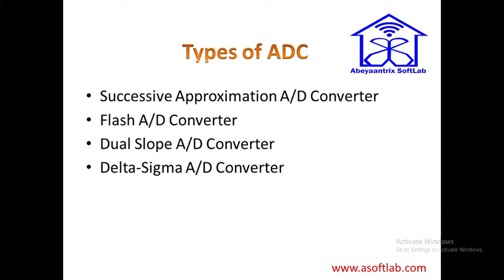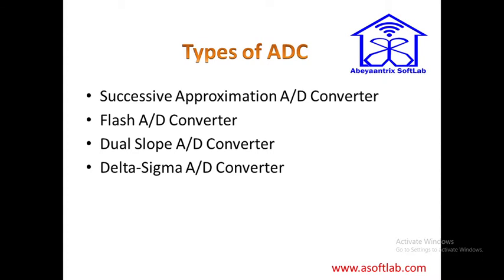Okay. Here, the fast type of ADC. If you say that I want a fast response or a fast conversion process, then we can go for the flash type of ADC. Then you can also choose: I don't need a fast response, even though the response is slow, I want to achieve more accuracy.